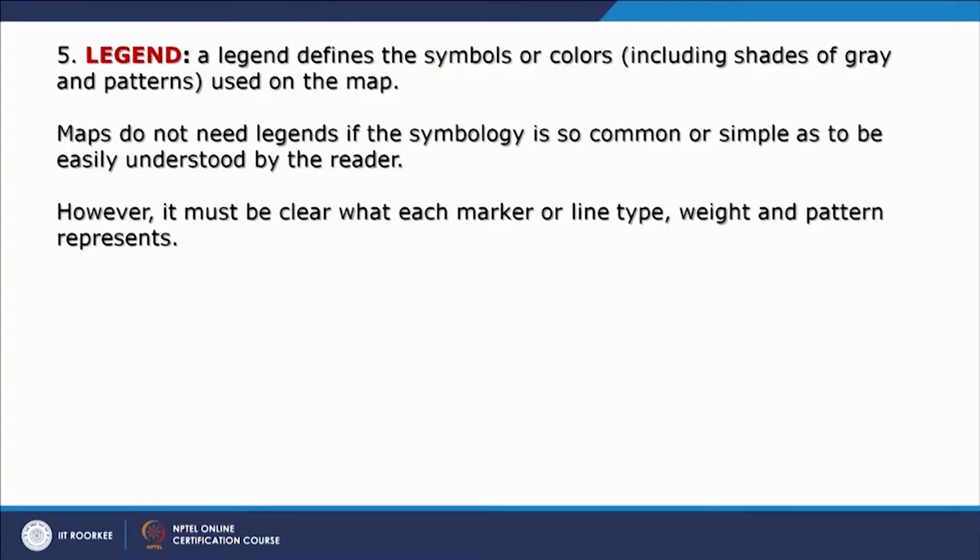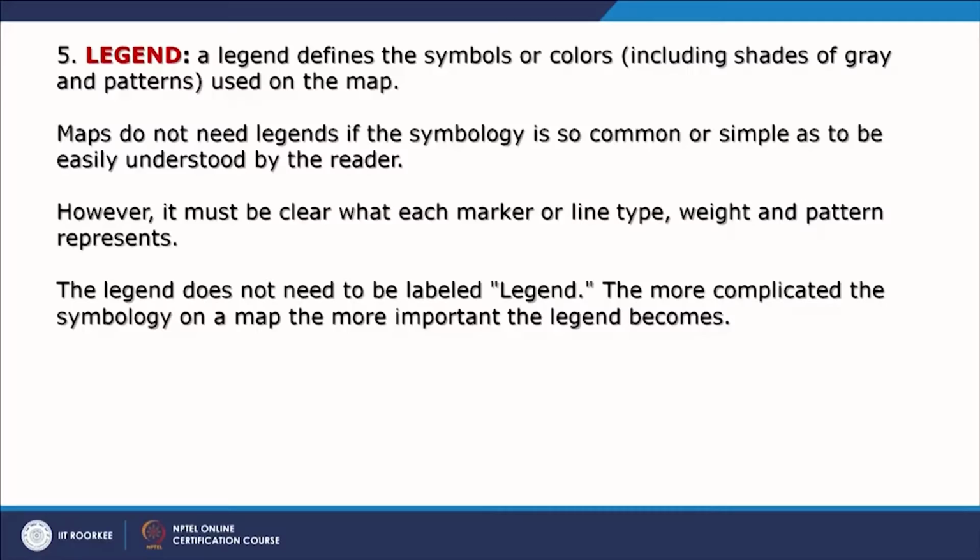Nonetheless, one should try to use symbols which are easily understandable to users and logical as well. However, it must be clear what each marker or line type, weight and pattern represents, because somebody may be using different line types, dashed line, dash-dot line, a thick line, continuous line, and how thick or thin it is, and what the pattern is.